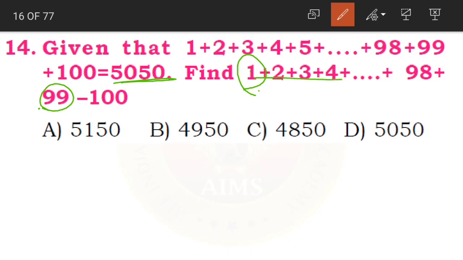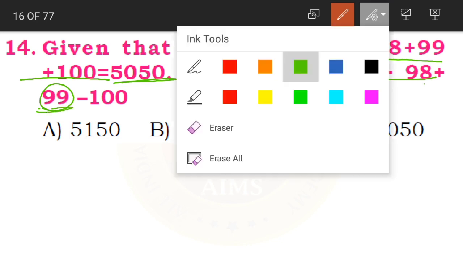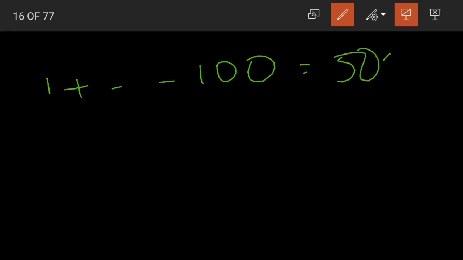Now we need not add all these numbers, children. If you look here, we are already given the sum of numbers till 100. But in the question, what should we find out? Till 99 only, right? See, I am having 1 till 100, that is equal to 5050.